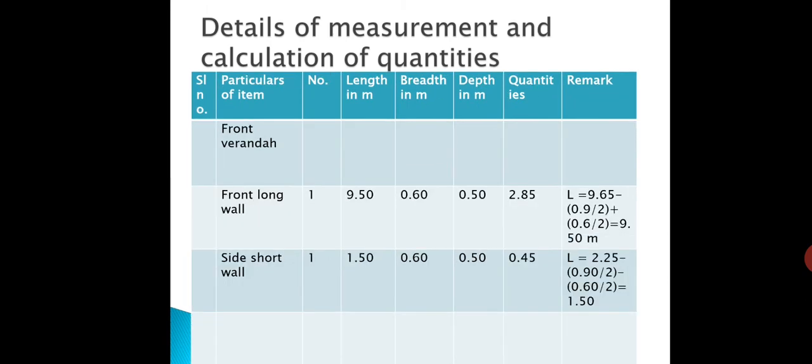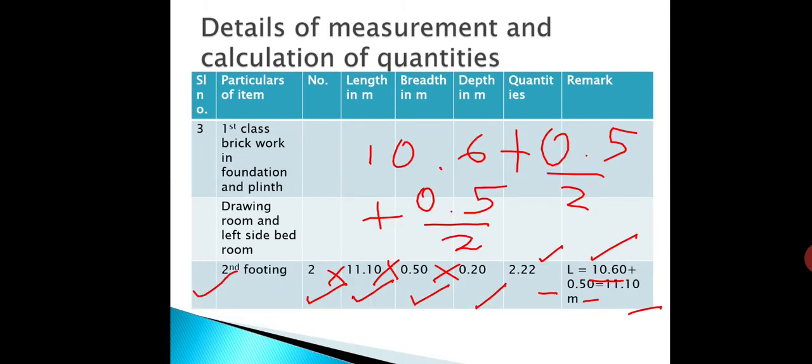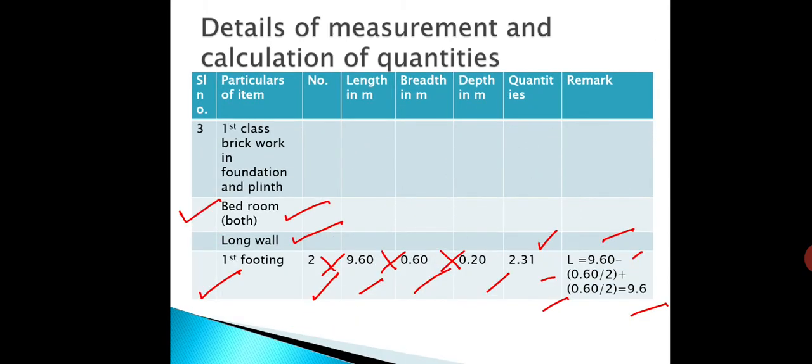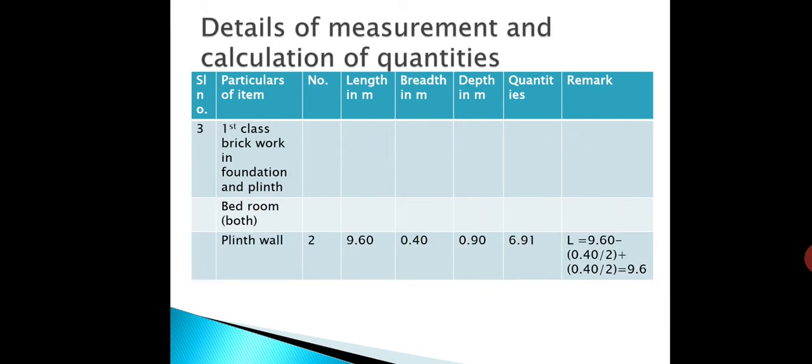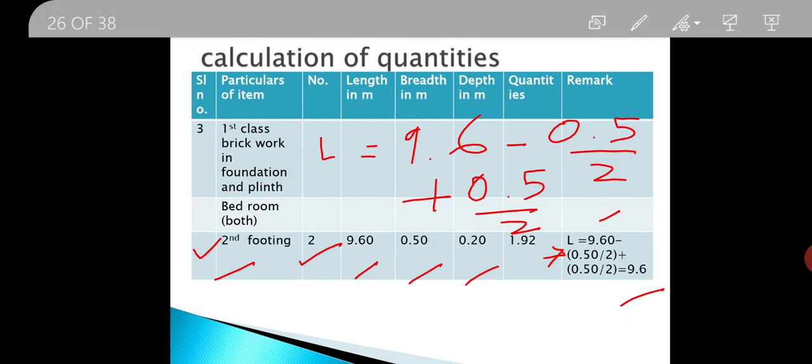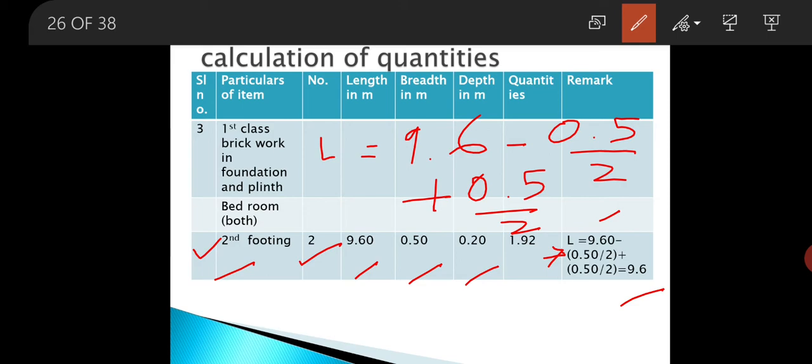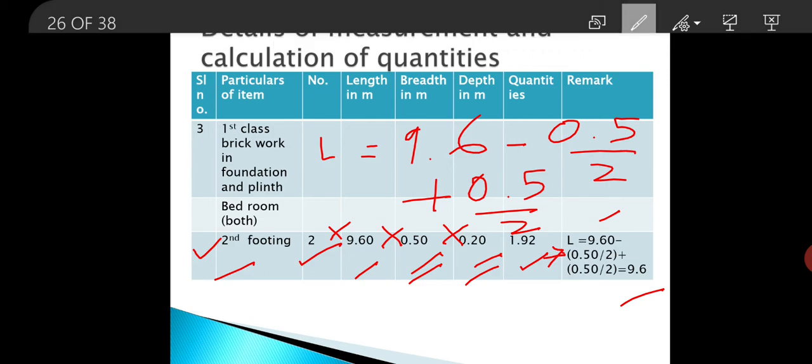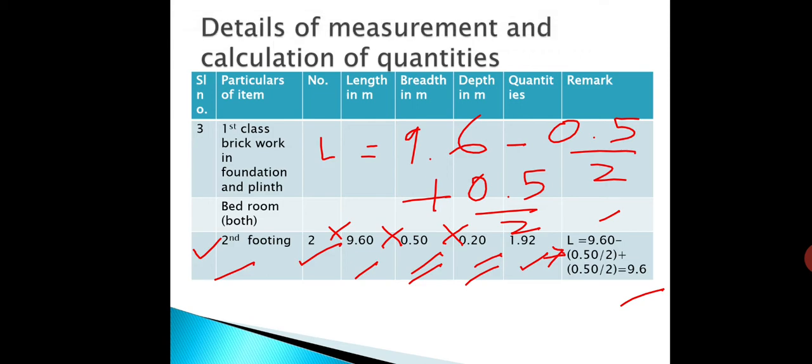So, in place of breadth and depth, we can put 0.5 and 0.2. Then by multiplying we will get the quantity as 1.92 cubic meter. Okay. So, second footing of long wall is over.